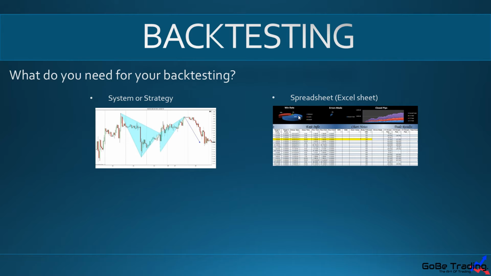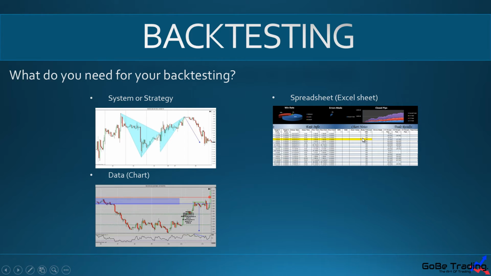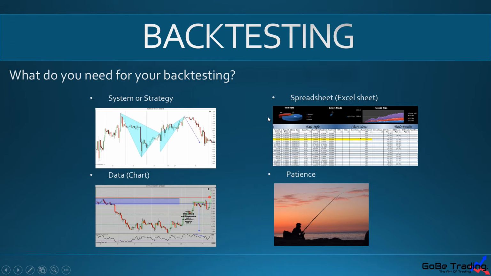Because it's something that you're gonna do yourself, that you're gonna know your data, and you can customize your spreadsheet the way that you please. The third thing that you need for back testing is data, price data, basically a chart. I normally use a Japanese candlestick chart.